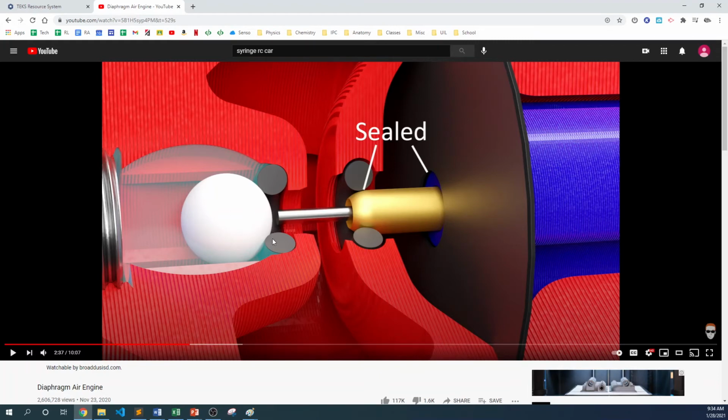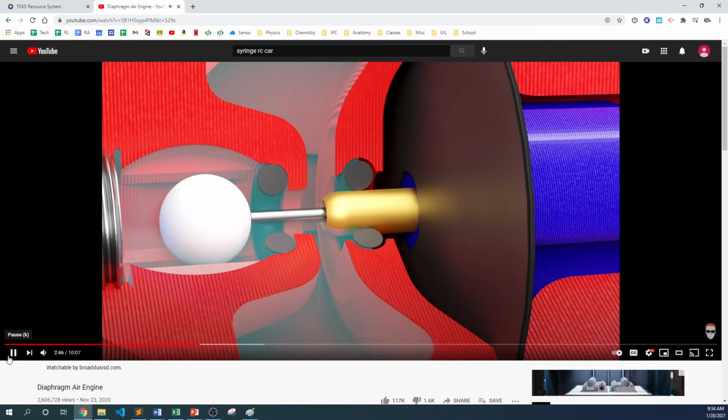It's pushing this ball against this rubber O-ring, sealing it so none of the gas can escape. So as soon as this pin pushes it, air's gonna rush in here. And this is sealed right here. This tube is sealed, so none of the air can escape.